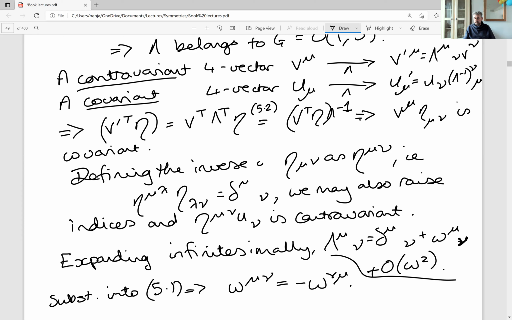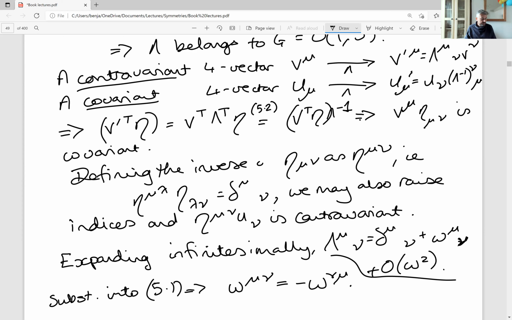So omega is anti-symmetric under switching the two indices if they're upstairs. You can prove it's also anti-symmetric if they're both downstairs. If one's upstairs and one's downstairs, they're not anti-symmetric. You've got to be careful with that.